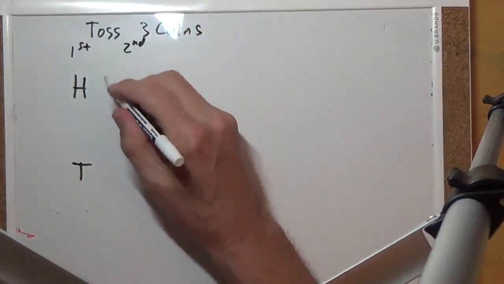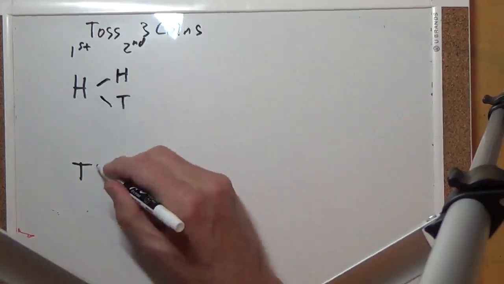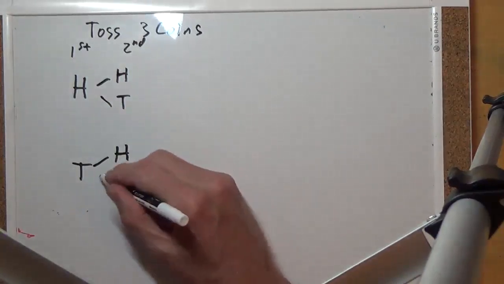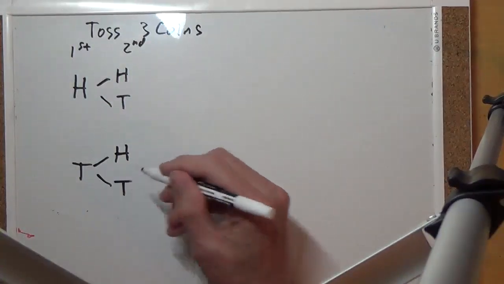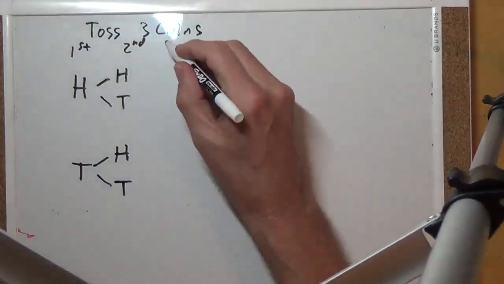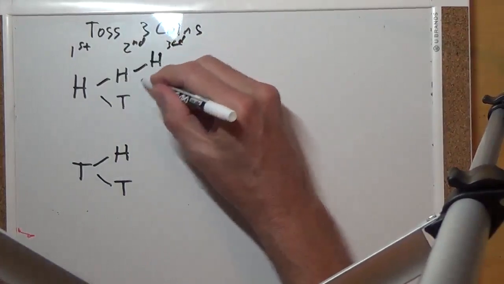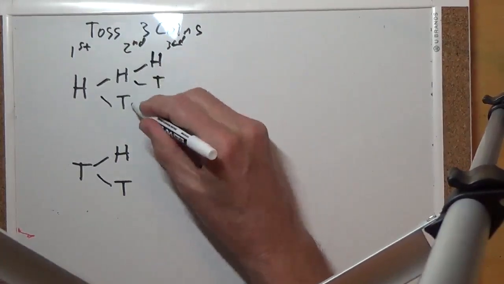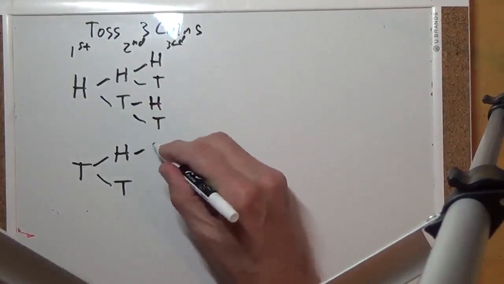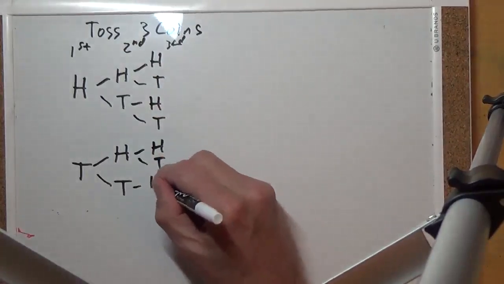Well, if the first one is a head, the second one could still be a head or a tail. Here, first coin, tail, second coin, head or tail. So now I'm going to add the third coin off of here, also head or tail. Off of here, a head or a tail. Off of here, head or tail, and finally here.